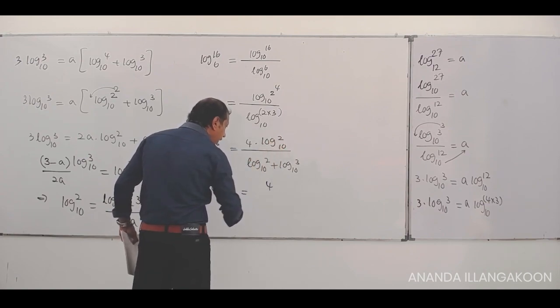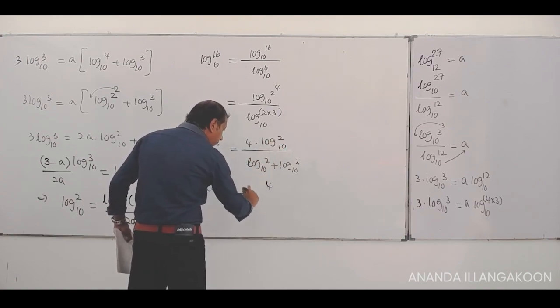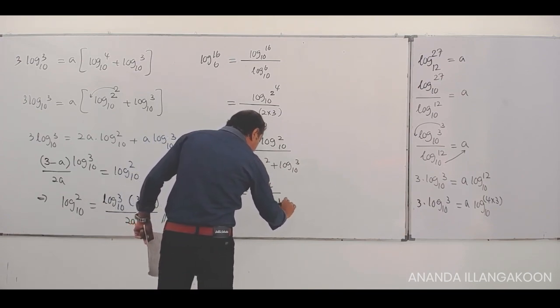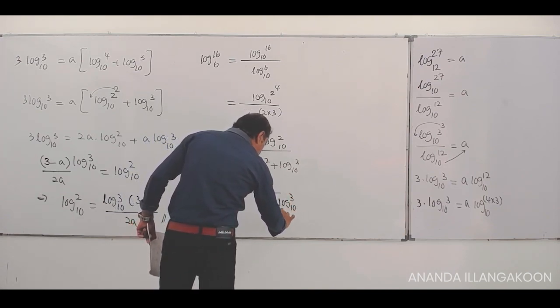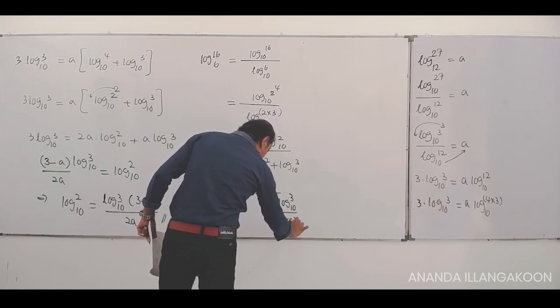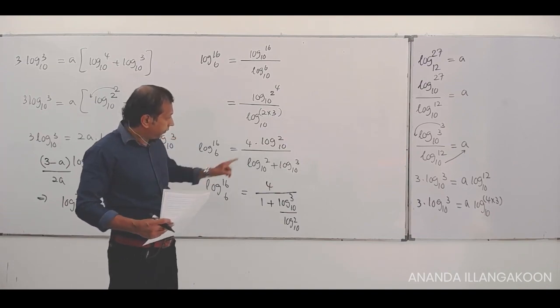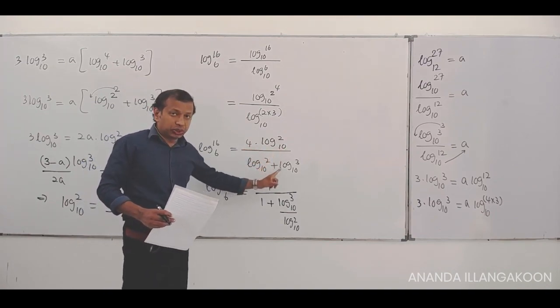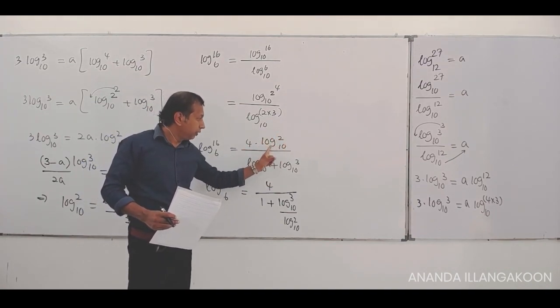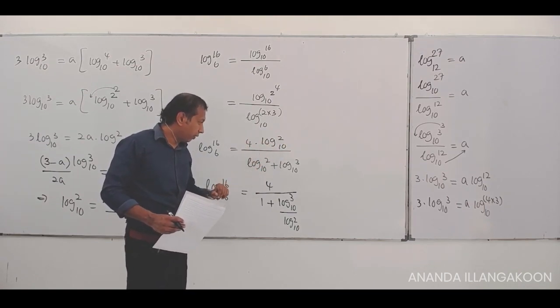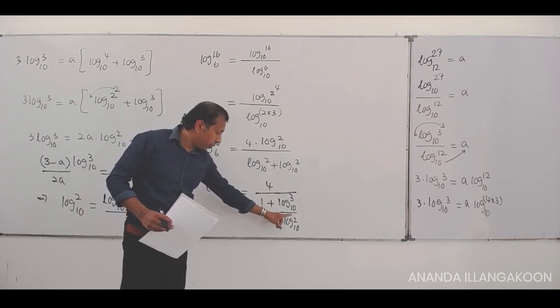That and that divisor cancel. This also cancels. And here we get log 3 base 10 divided by log 2 base 10. I divided this term and these 2 terms by this. This divided by the same thing, this divided by the same thing. Then this becomes 1, this becomes 1. This divided by log 2 base 10, here we have.